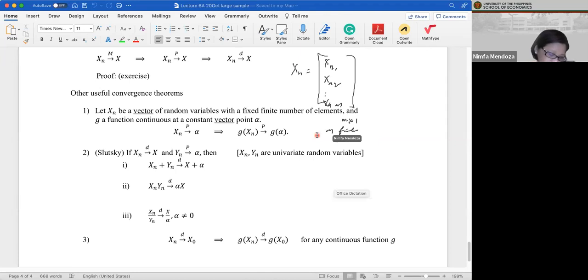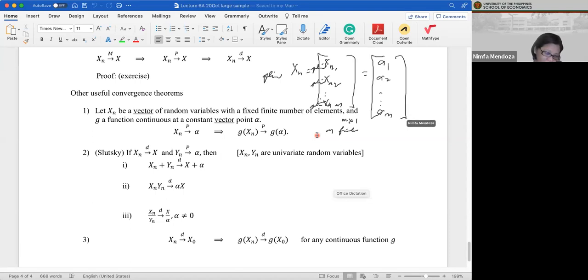We have the p-lim of x sub n, which is equal to, you just get the p-lim of each of these, let's say alpha 1, alpha 2, down to alpha n.